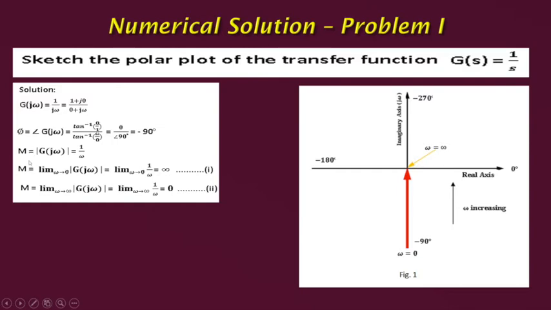Then calculate magnitude. Magnitude is the mod of G(j omega), equal to 1 by root over of real part square plus imaginary part square. There is no real part, so only imaginary part, omega square, which gives omega. Similarly, in the numerator there is no imaginary part, only real part 1, 1 square, that means 1.